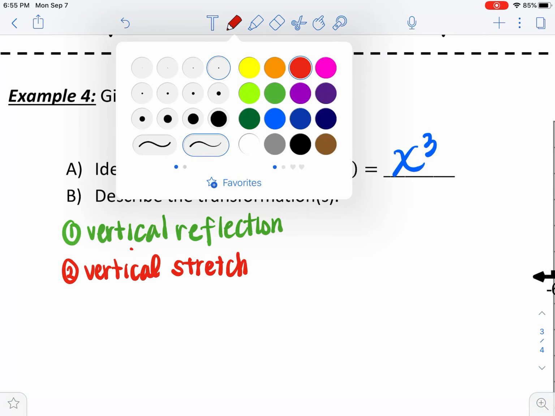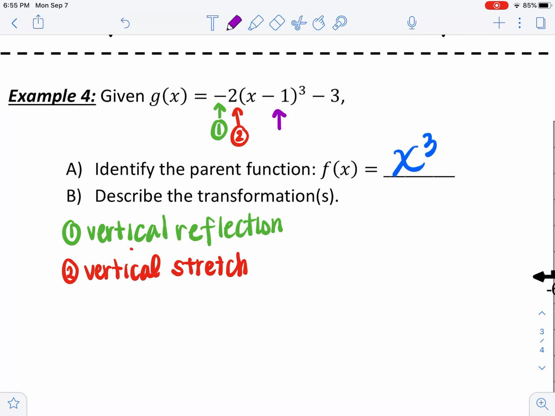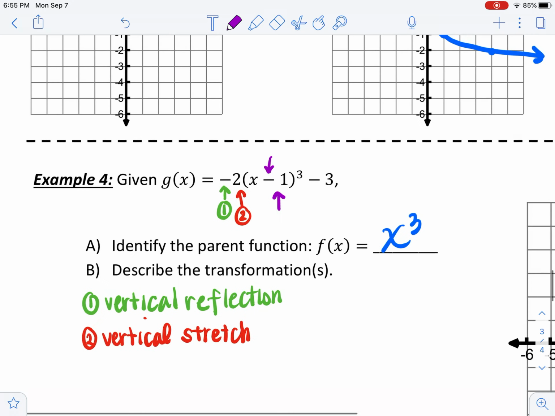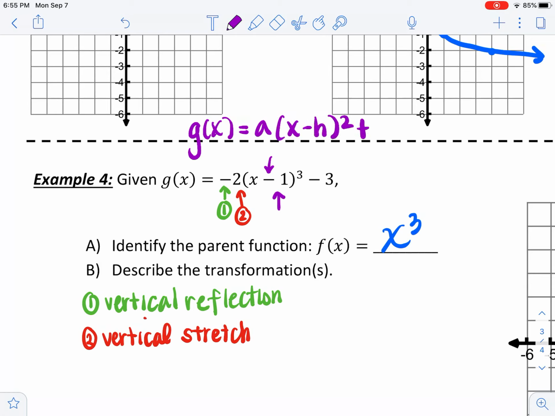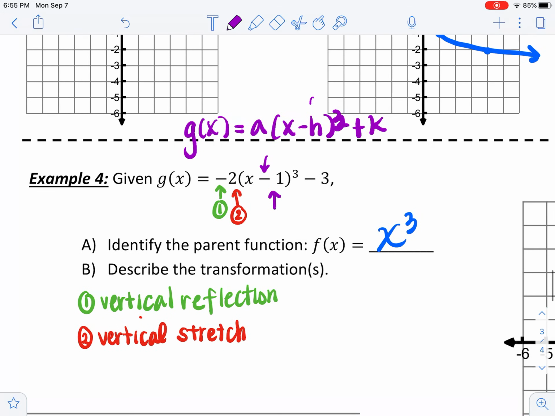All right, next, I have this minus 1. So realize the negative is part of the general function, not the parent. So g of x equals a times (x minus h) cubed plus k. This one is a cubic function, so cubed, my bad. So the minus is there. Remember, when I see that, all that I'm doing is taking this number right here.